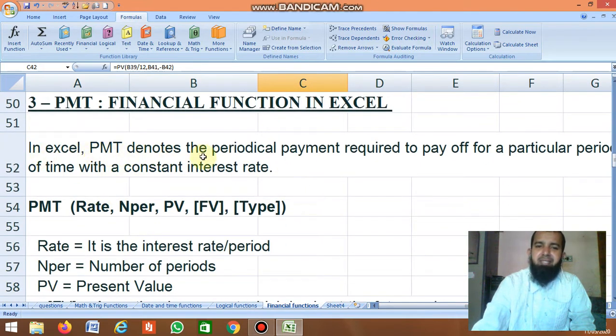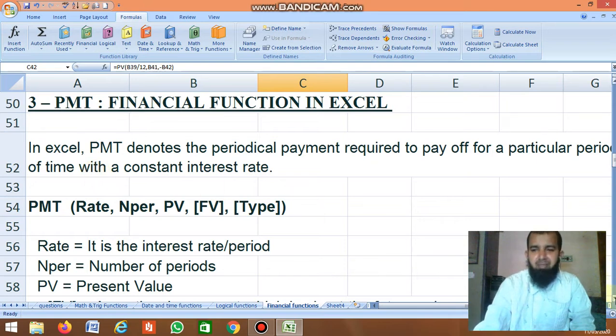Next, PMT, financial function. In Excel, PMT denotes the periodical payment required to pay off a loan for a particular period of time with constant interest rate. Here PMT is the per month calculation, how much you pay per month. That PMT includes your principal amount plus interest. Per month principal amount plus per month interest.